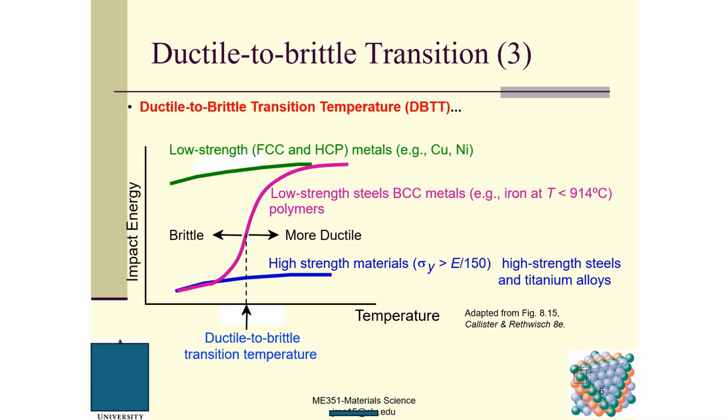Usually they are low strength steels and BCC metals, for example, iron when the temperature is lower than 914 degrees C, or a polymer. So we select this midpoint and designate it as the ductile to brittle transition temperature. To the left of this point, the material is very brittle, and to the right of this point, the material becomes more ductile.